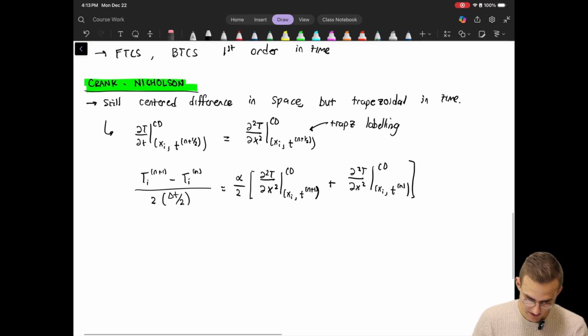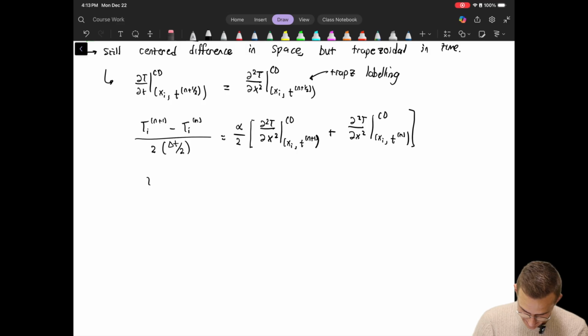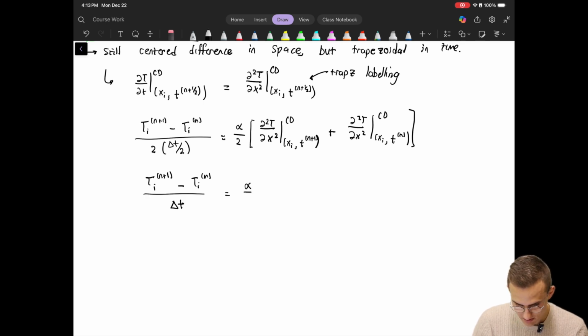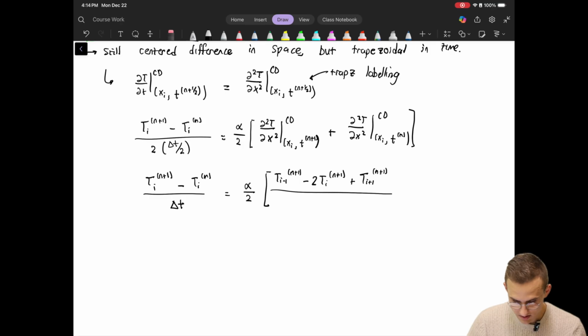And then what you end up with at the end is ti n plus 1 minus ti n over delta t is equal to alpha over 2 times ti minus 1 at n plus 1 minus 2 ti at time step n plus 1 plus ti plus 1 at time step n plus 1, all over delta x squared, plus the same thing, but all at time step n.